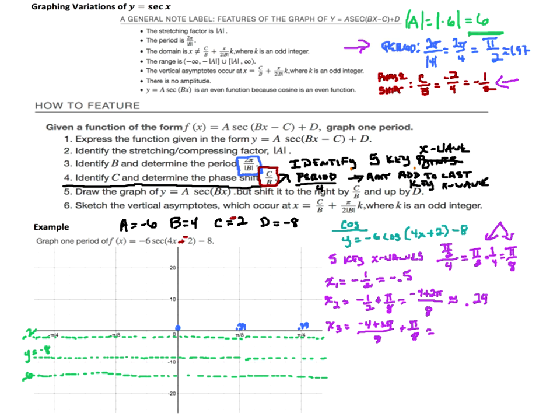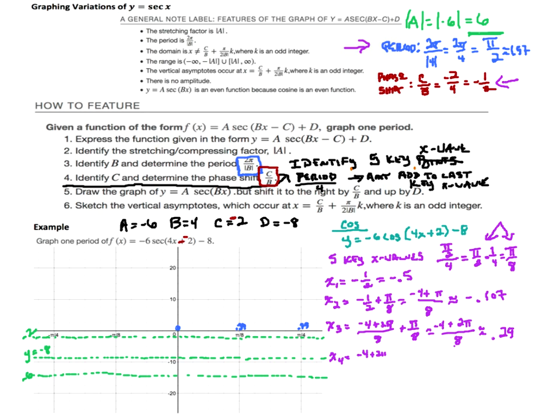My eyes went crossed there. This one's 2 pi. Okay, so negative 4 plus 2 pi over 8. And that is approximately, my eyes went really crossed, the 0.29 was for the second one. Sorry about that. This one's actually negative 0.107, approximately.